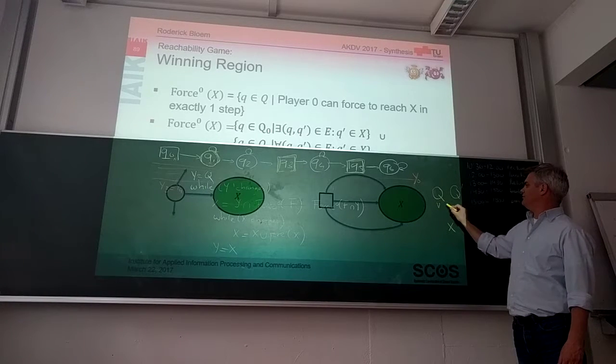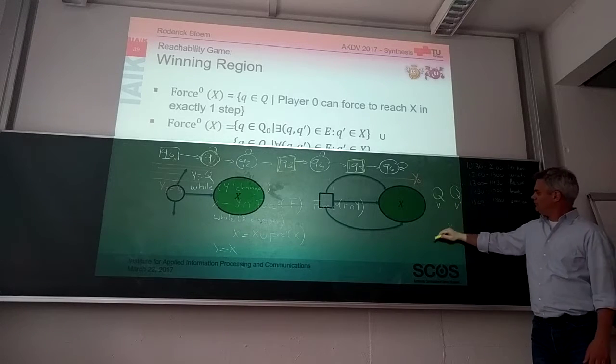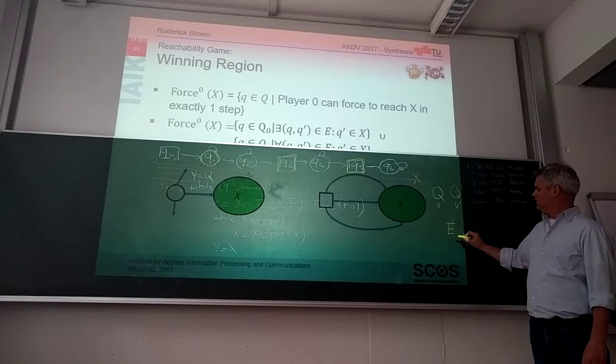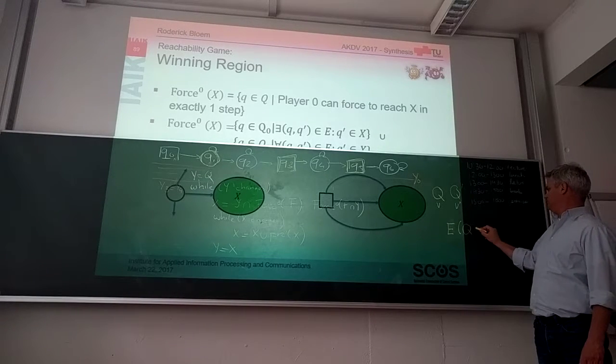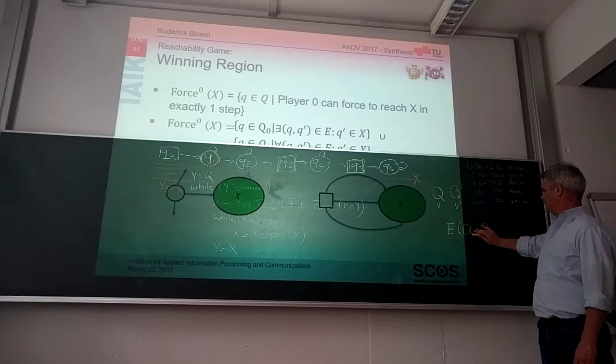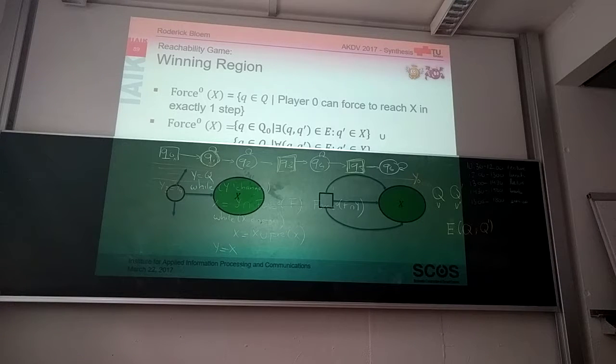So if you have a latch V here, here you have a latch V prime. Now you have a transition relation, T, or E, and you express this in terms of Q and Q prime. So this is a formula that talks about the states that we have now at the beginning of the edges and the states that are at the end of the edges.